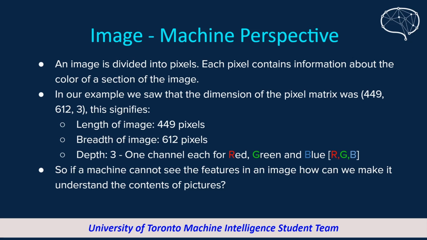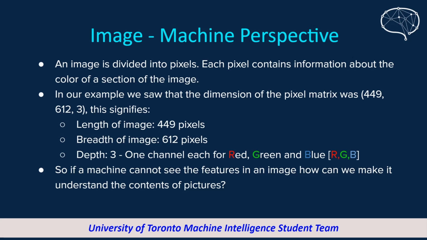In our example, we saw that the dimension of the pixel matrix was 449, 612, 3. What does this signify? This signifies that the length of the image is 449 pixels, the breadth of the image is 612 pixels wide, and the depth is 3.